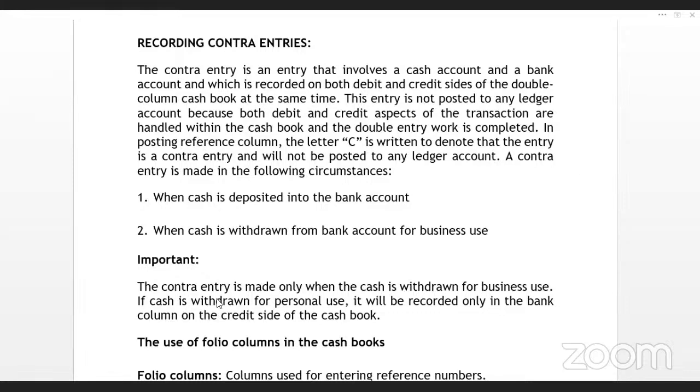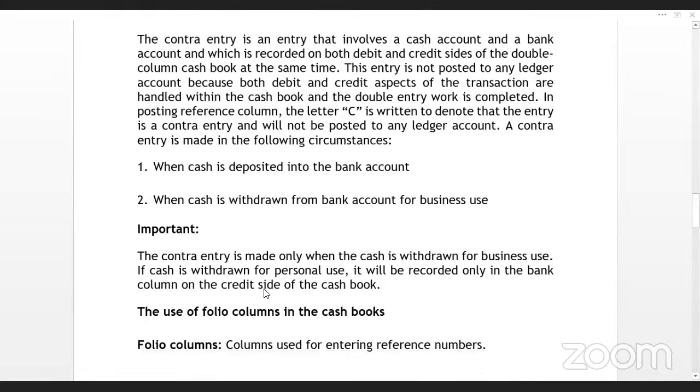There is something important here, members: the contra entry is made only when the cash is withdrawn for business use. When you're withdrawing money from the bank for private use, that is not a contra entry.